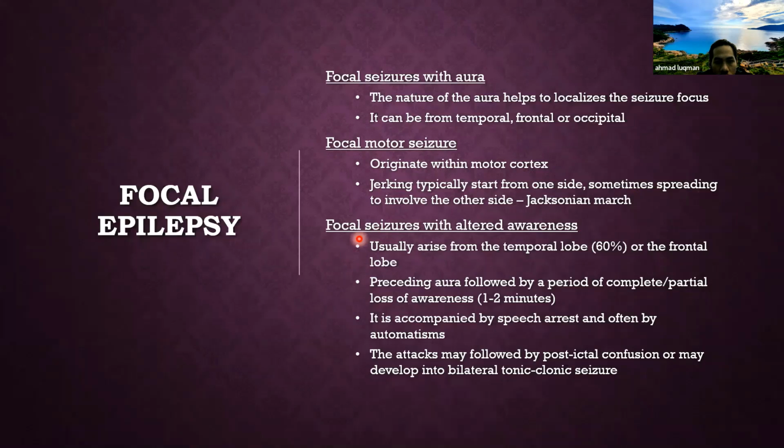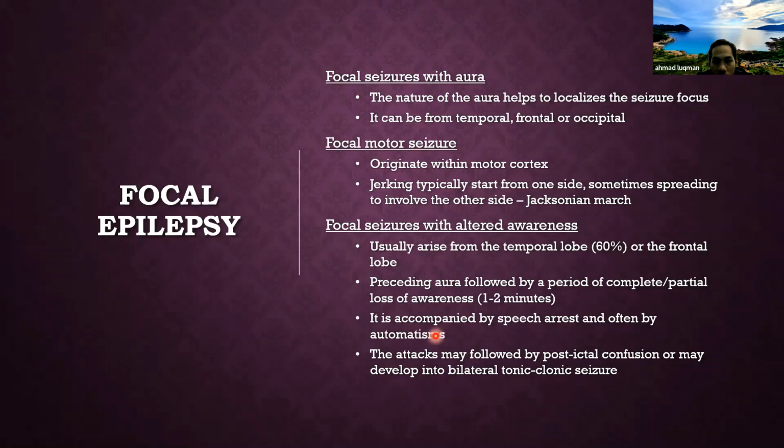And the last one is the focal seizure with altered awareness. It usually arises from the temporal lobe, 60%, or the frontal lobe. There is a warning aura followed by a period of complete or partial loss of awareness, 1 to 2 minutes, accompanied by speech arrest, and often by automatism. What is meant by automatism?